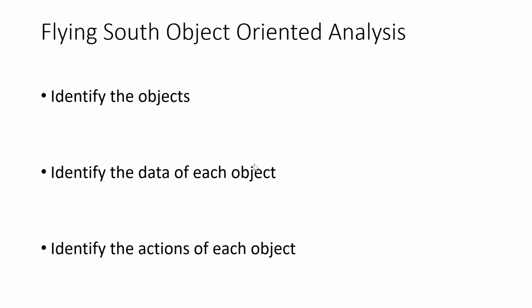When we do object-oriented analysis, the first thing we do is identify the objects. So when we're flying our bird south, what are the nouns of that program? Well, that would be the bird. So that would be the object that we're going to look at. And then let's look at the data of each object.